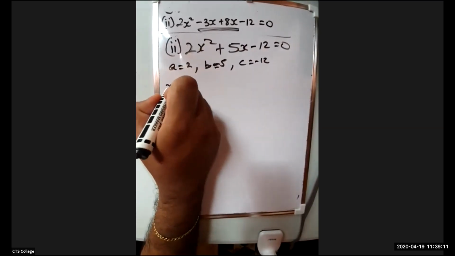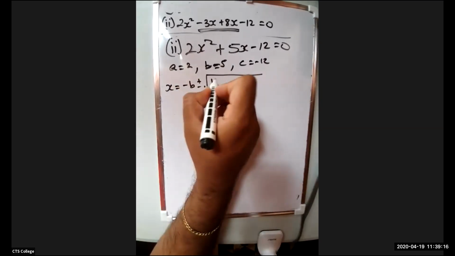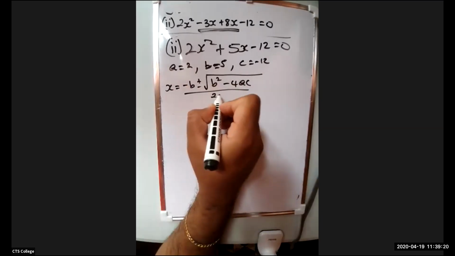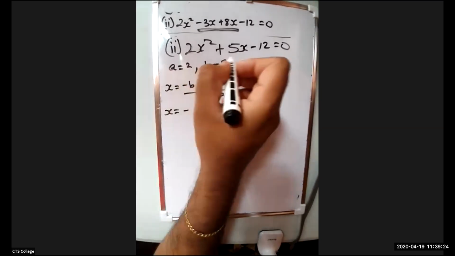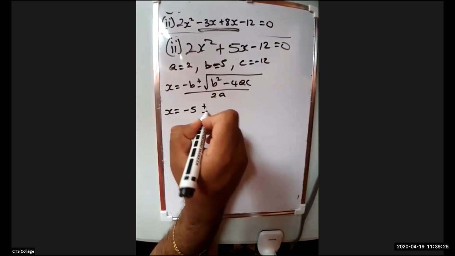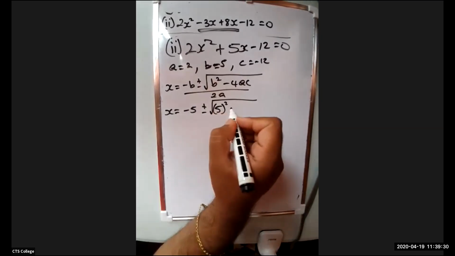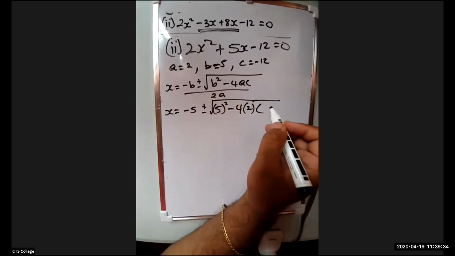So x is equal to minus B plus or minus the square root of B squared minus 4AC all over 2A. So x is equal to minus B, which is 5, plus or minus the square root of B squared, so 5 squared minus 4, and A is 2, and C is minus 12.